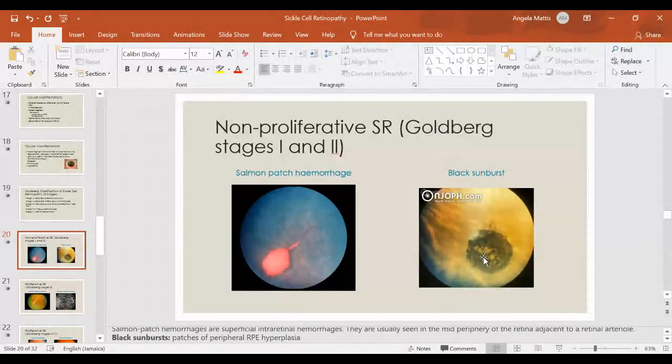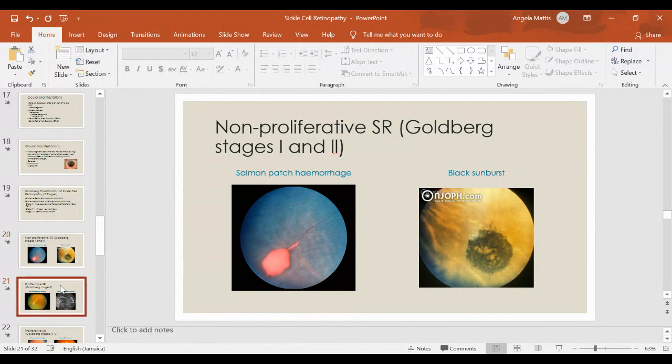It is similar in appearance to what we call a chorioretinal scar. So you have chorioretinal scars for different reasons, but it looks just like a chorioretinal scar, and we call this a black sunburst. So this lesion is occurring in the outer retinal layer, okay, and it stimulates the RPE, whereas your salmon patch hemorrhage is occurring in your blood vessel wall itself.